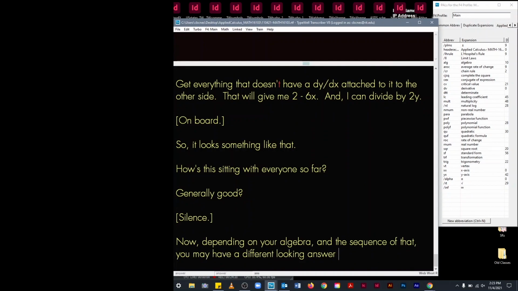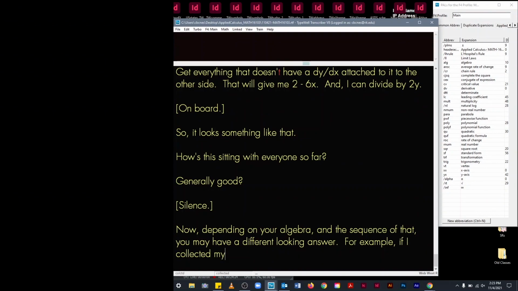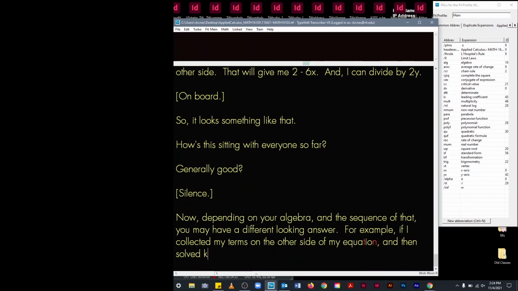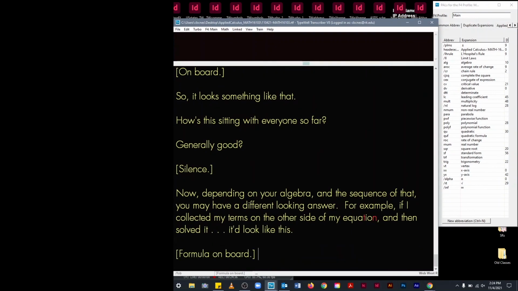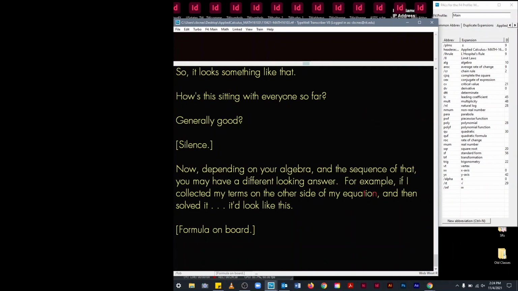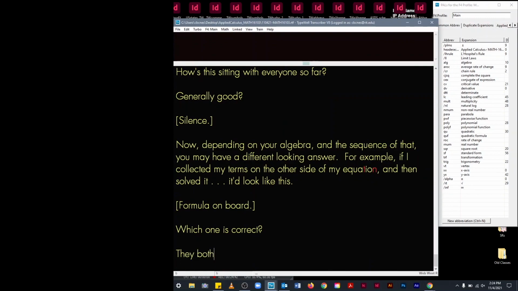For example, if I collected my terms on the other side of my equation and then solved it, it would look like 6x minus 2 divided by negative 2y. Which one is correct? They both are. They're both the same thing.